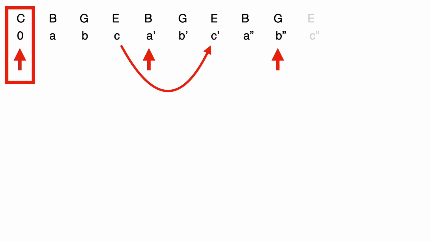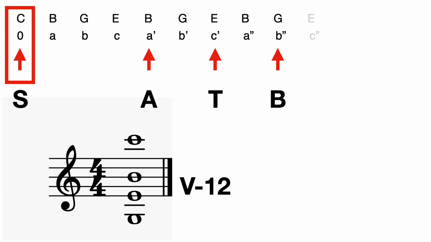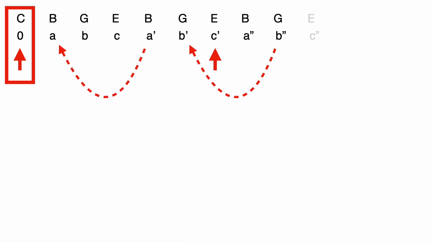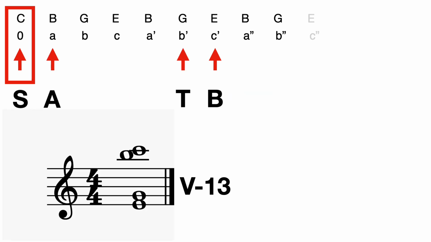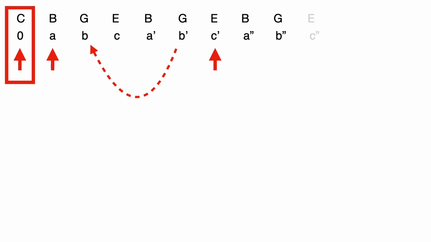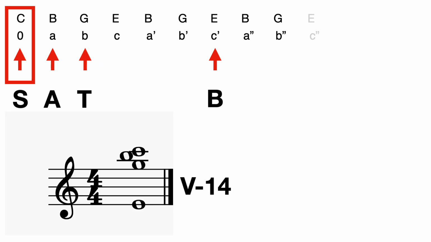If we drop the E an octave, this gives us V12. And if we move the G up an octave and the B up an octave, this gives us V13. And then if we move the G up an octave, this gives us V14.